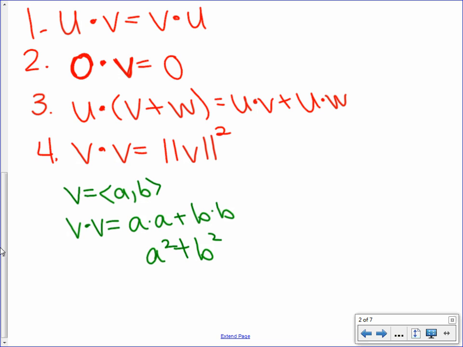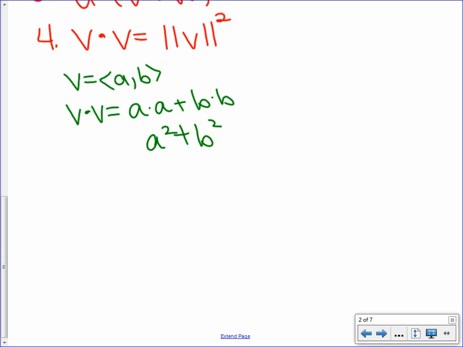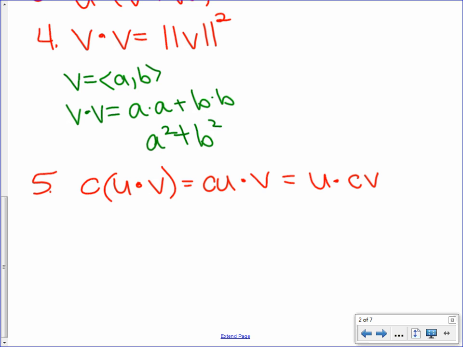And then our last property, this is a good one. We have a scalar multiplied to the dot product. Be careful. This is all multiplication. And so either you take the scalar times u and then take the dot product with v, or you can take the scalar times v and take the dot product with u, but that scalar does not get multiplied to both.